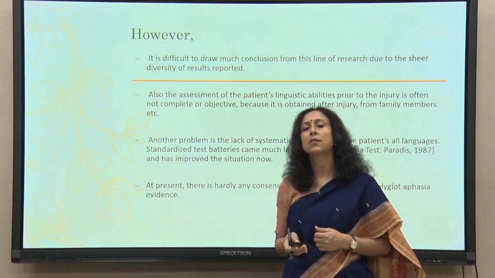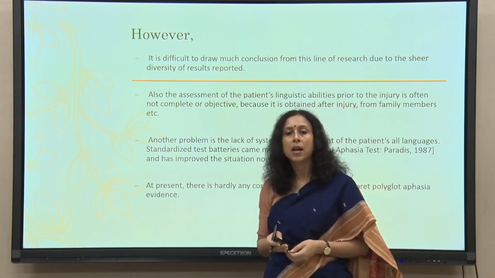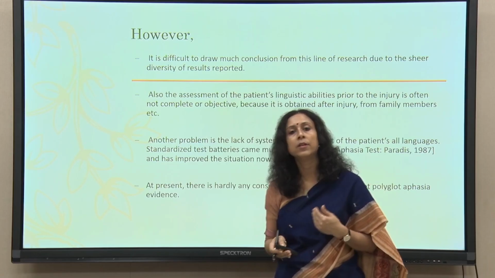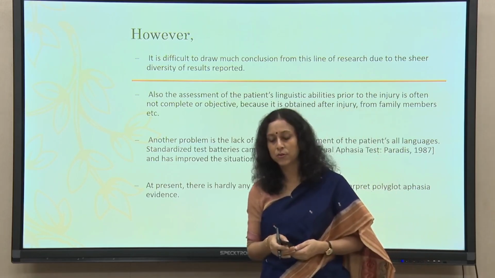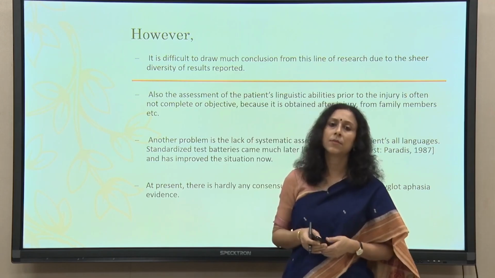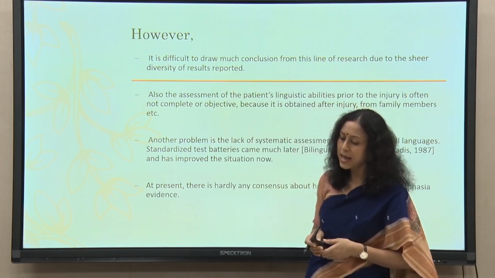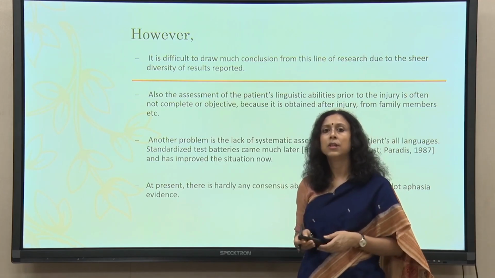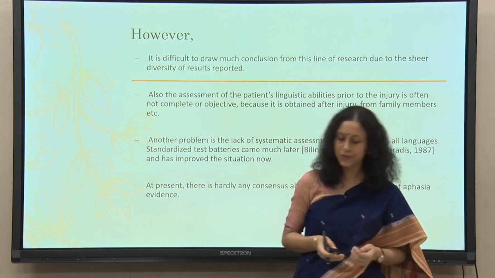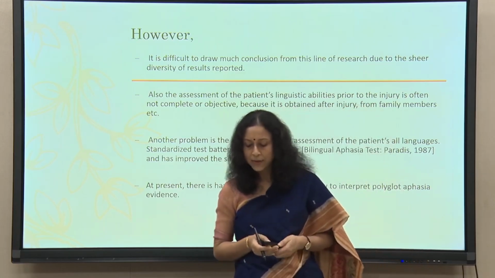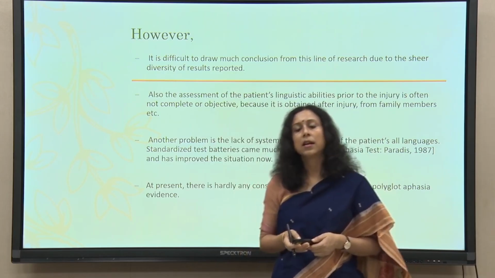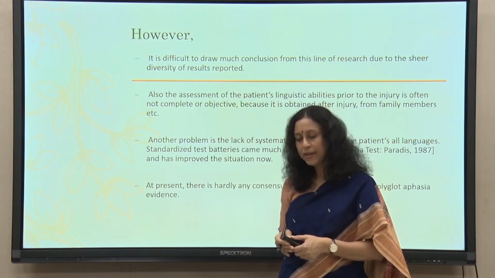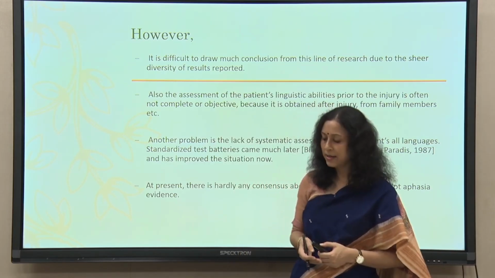Each patient has his own unique language record as well as own unique disorder with respect to lesion size and so on. So, it is very difficult to come to a consensus that there is only one pattern. There are actually many patterns to it. That is a problem, and we have to leave it at that; we do not have the final answer.